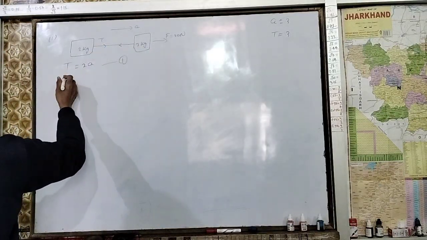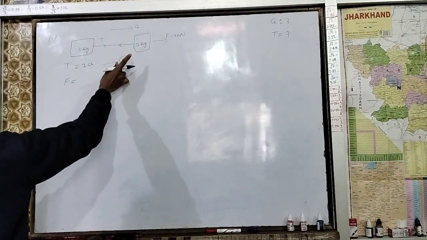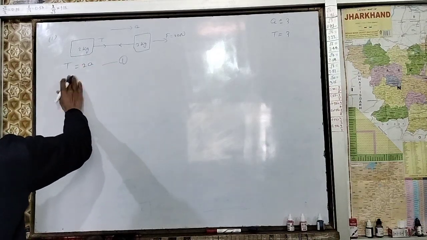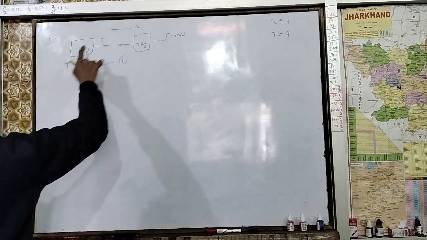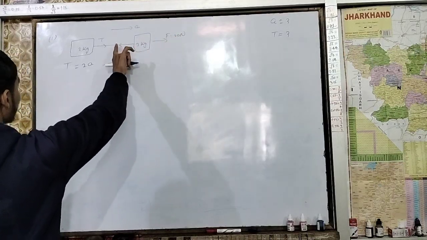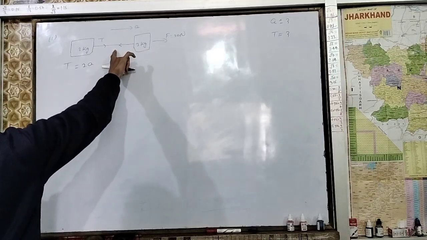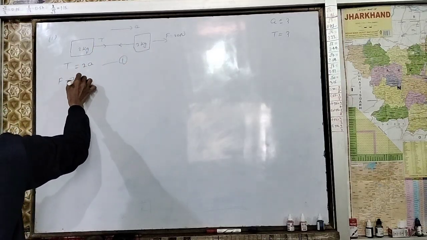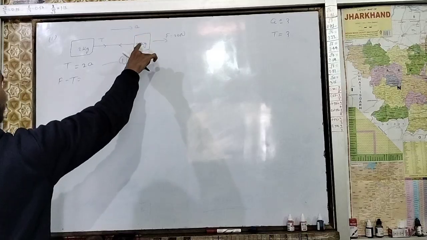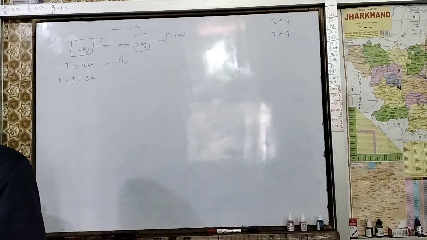See, for the second body, F will be there, but remember, there is also a tension force. So acceleration is in this direction. This F minus T, okay? F minus T will be equal to ma. So m is 3, a is not given as a number.